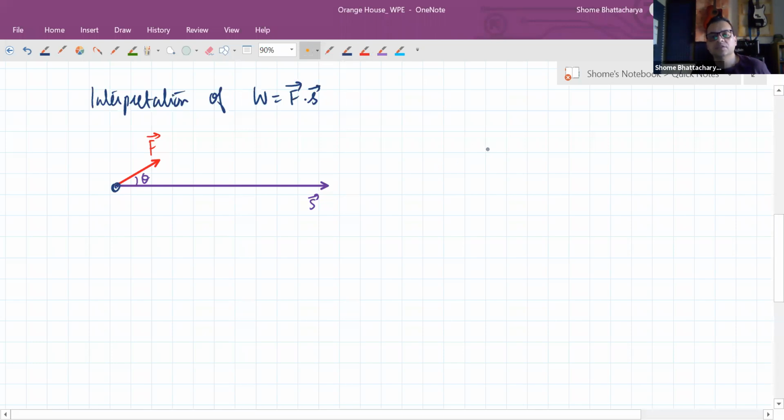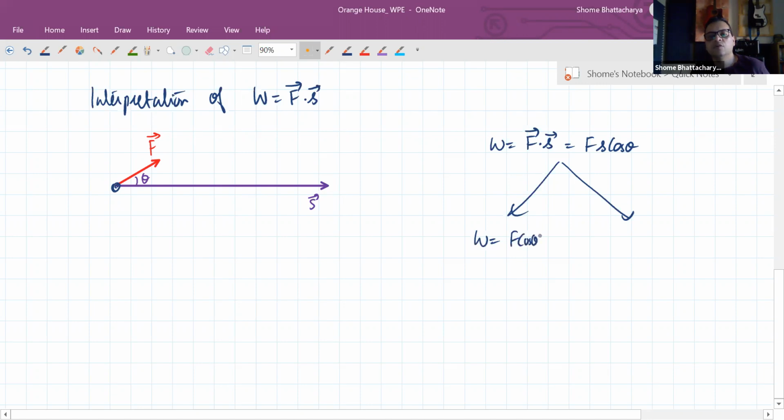So we know the definition of work done is F dot S, which further reduces to Fs cos theta. Now this can be interpreted in two ways. One is that you can write this as F cos theta into S. So just make a copy of this diagram because we have two interpretations.